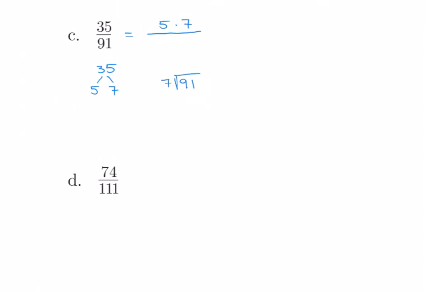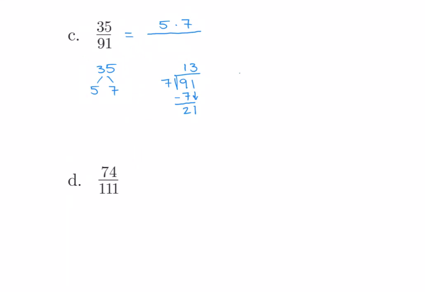So let's check it. 7 goes into 9 one time. 1 times 7 is 7. We bring down the 1, and 7 goes into 21 3 times. It does divide evenly.